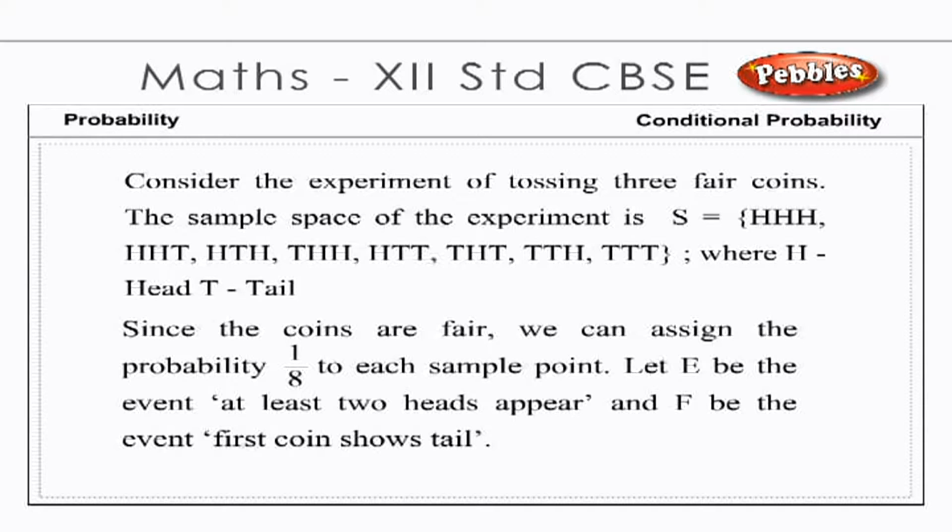Since the coins are fair, we can assign the probability 1 by 8 to each sample point. Let E be the event at least 2 heads appear, and F be the event first coin shows tail.